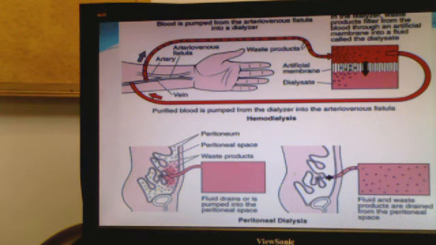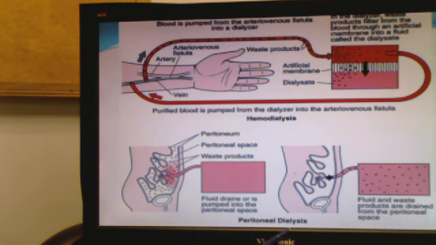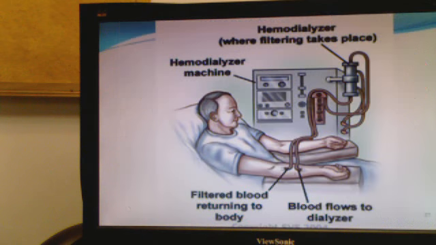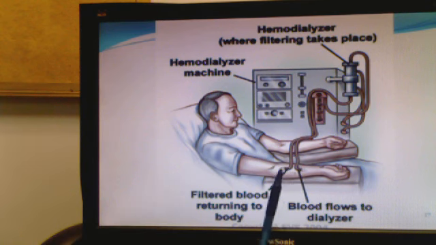I think it's in the older edition, but these are two types of dialysis: hemodialysis and peritoneal dialysis. Basically, these are artificial ways of cleaning the blood, removing waste materials from the blood. In hemodialysis, we create an artificial fistula in the patient's arm before we subject them to hemodialysis.